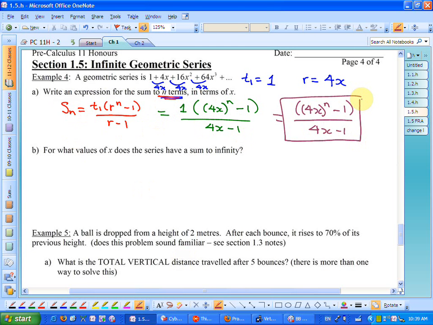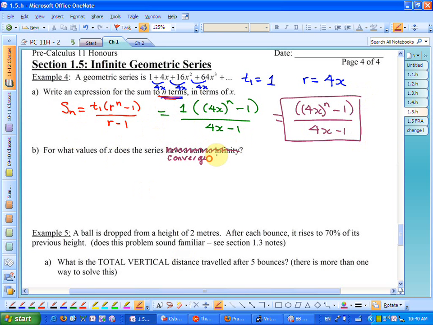Part B is where it gets interesting, especially how it relates to our case here in this infinite geometric series session. It says now, for what values of x does the series have a sum to infinity? Now, that's worded kind of poorly. Let me just change the wording here. For what value of x does the series, instead of have a sum to infinity, I want to say this: does the series converge?